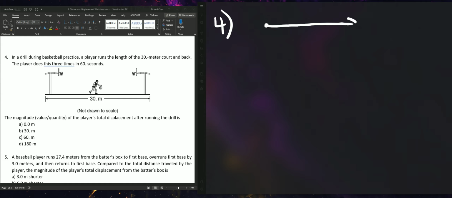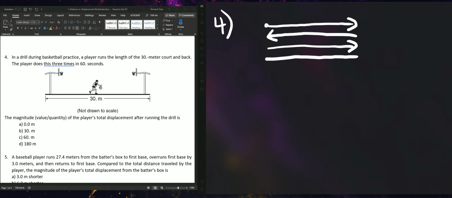Guy runs this way, and the guy runs this way back. And that's one full lap. That's 30-meter court and back. The player does this 3 times, so let's do this one more time. This is the second time now, and this is the end, finishing his lap. The third time, and then finishing the third lap.